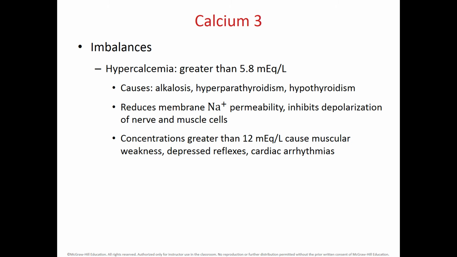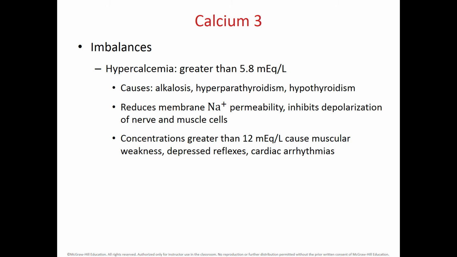Or if someone has hypothyroidism: the thyroid gland secretes calcitonin, which helps to maintain low levels of calcium. When someone has hypothyroidism, more than likely they will not produce enough calcitonin, and then you won't be able to deposit this calcium into the bones, so the calcium will be maintained elevated within the bloodstream.